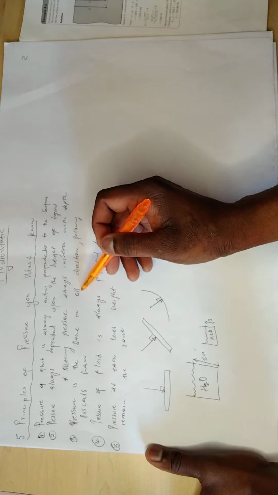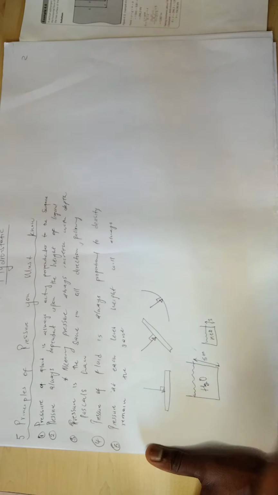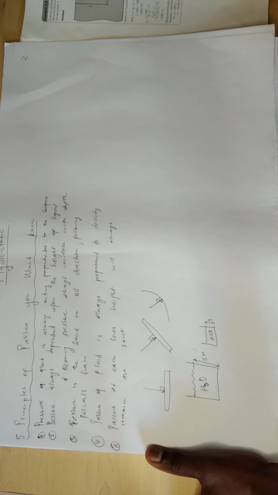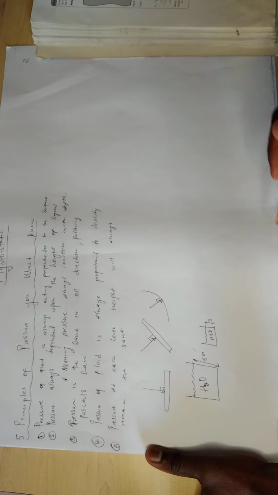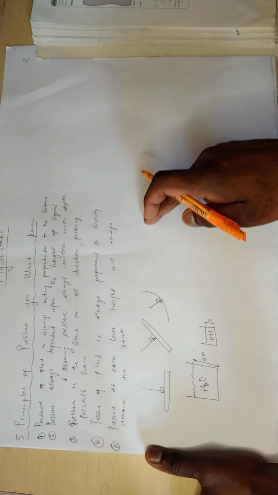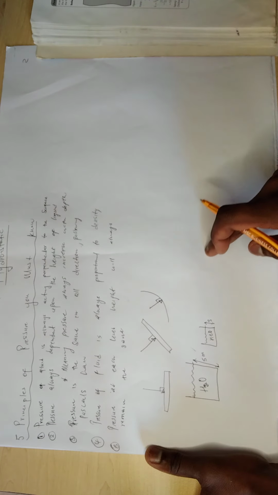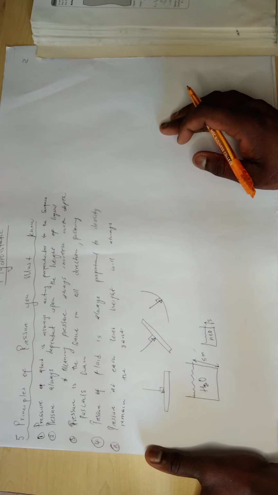Principle number 3 says that pressure is the same in all directions, following Pascal's law. When we talk about Pascal's law, Pascal says that pressure will remain the same across all the circumferential surface.